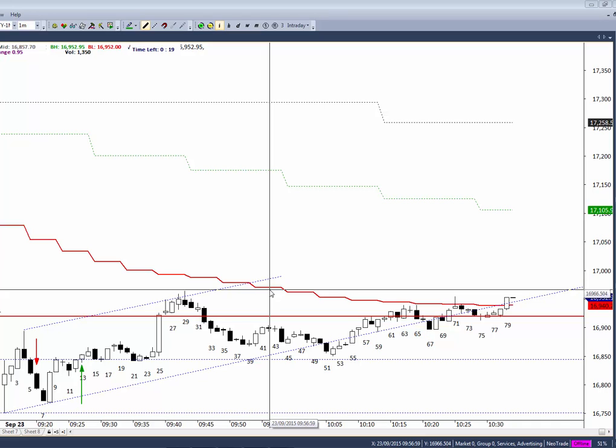Bar 9 closed strong, but still near. It tested the low of bar 4, so possibly that short was tested. So we wait for further price action. Bar 10 is a doji bar. That's an indecision.